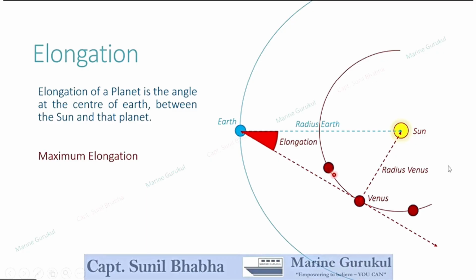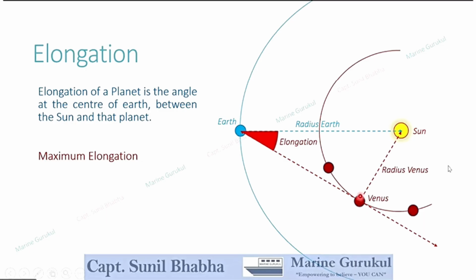After this, the elongation will keep on increasing. Now, at this particular point, Venus will have the maximum elongation. The angle at the center of Earth will be maximum at this particular placement of Venus in its orbit. As Venus moves forward in its orbit, you see the elongation will start to reduce again.